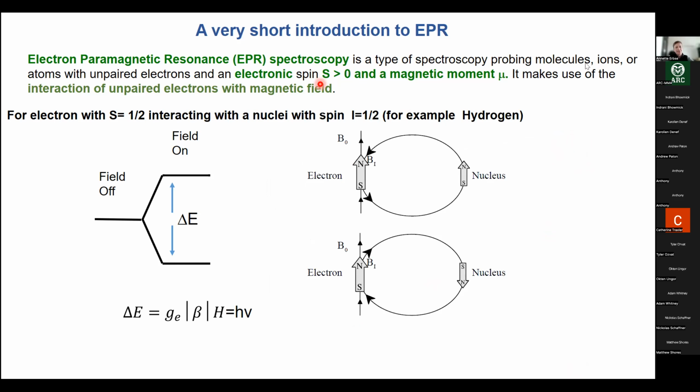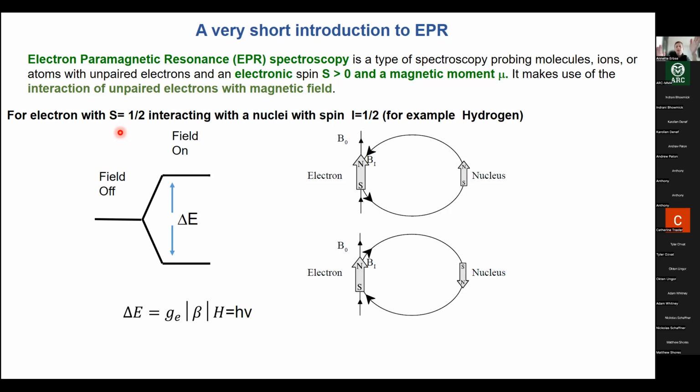Getting ahead of myself. Our free electron usually isn't really free because it's in an atom or in a molecule, so it has neighboring nuclei it can interact with. So if the neighboring nucleus actually has a nuclear spin, so that means it also has a magnetic moment, that nucleus induces a magnetic field.